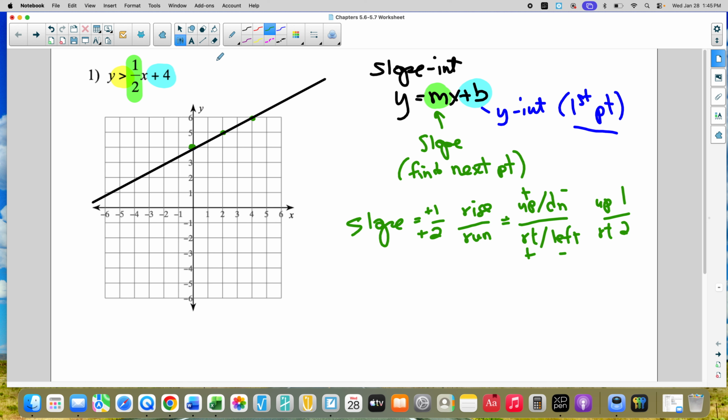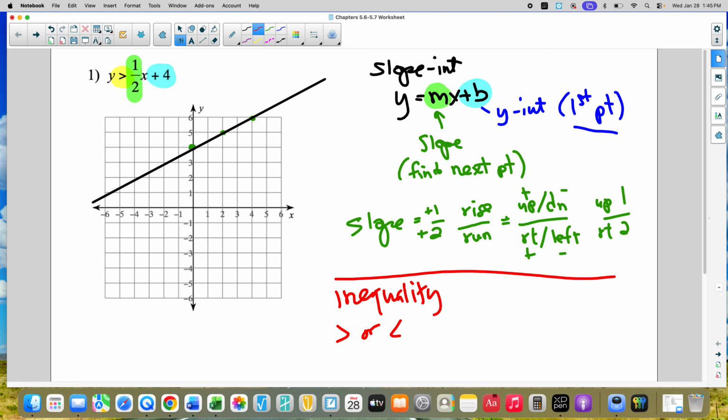So very important, when my inequality is a greater than or a less than, I'm going to have open circles. I'm going to have an open circle, and I'm going to have a dotted line.